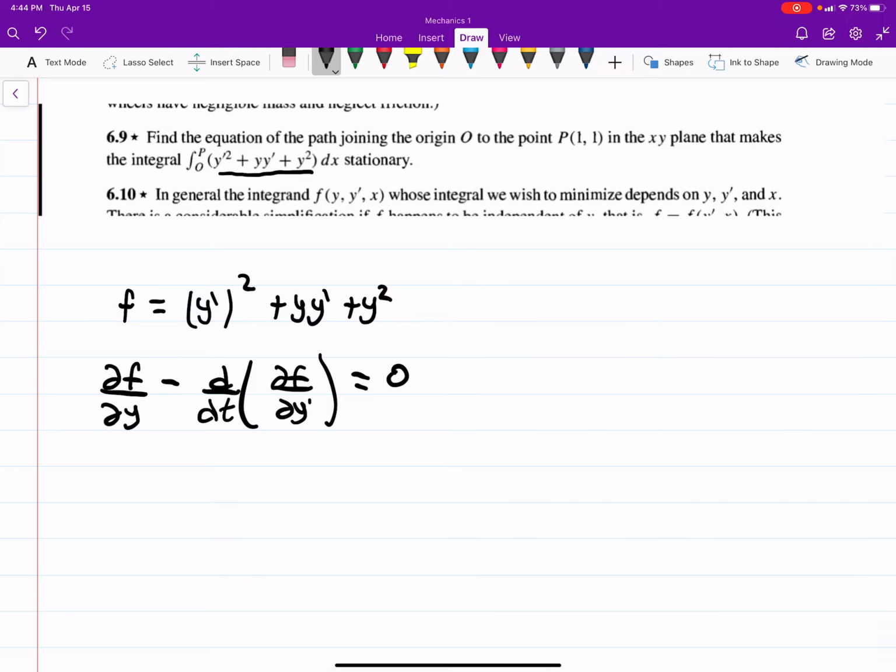So all we have to do is follow along. ∂f/∂y, well, let's see, we'll get y prime plus 2y, minus d/dx of ∂f/∂y', let's see, that's 2y prime plus y, equal to 0.